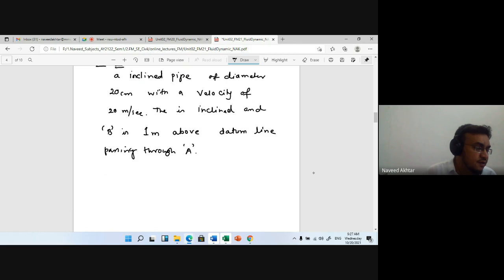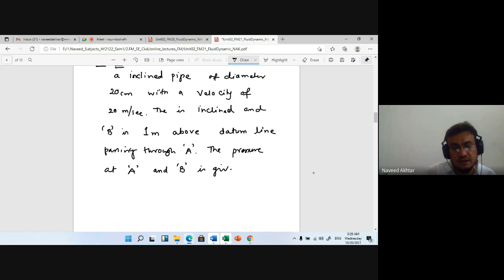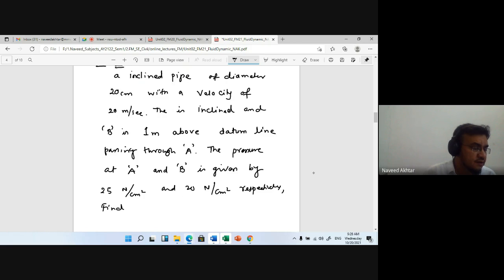Okay, the pressure at A and B is given by 25 Newton per centimeter square and 20 Newton per centimeter square respectively. Find the head loss.